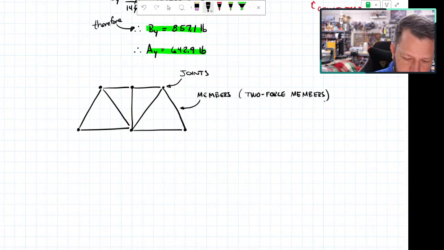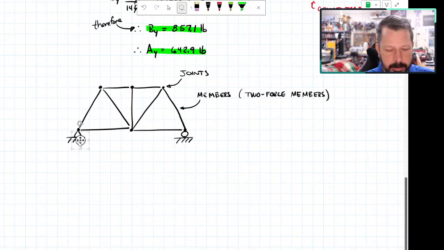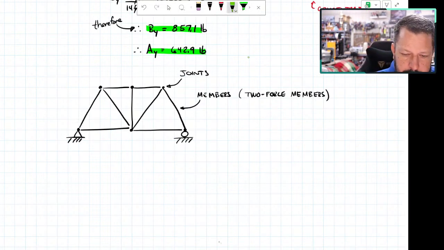Let's put a roller here. Put a pin here. We'll use other diagrams than what we used last time, just to have some different stuff in here. Let's put some dimensions.